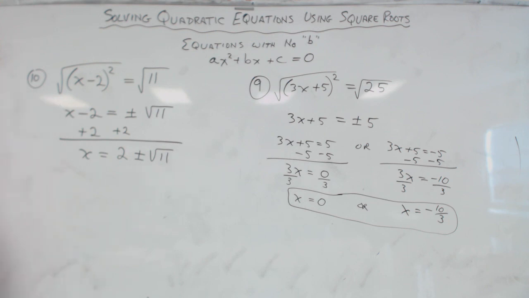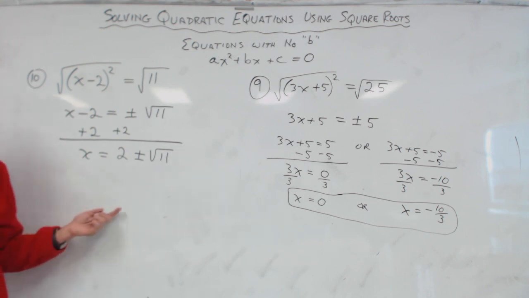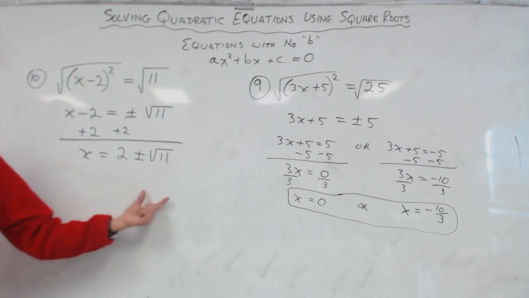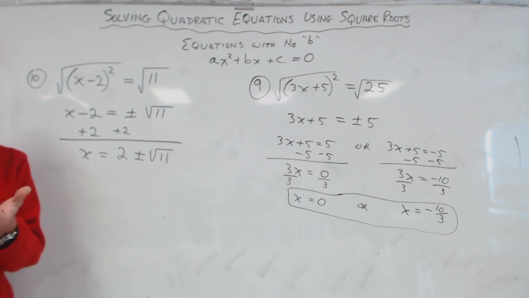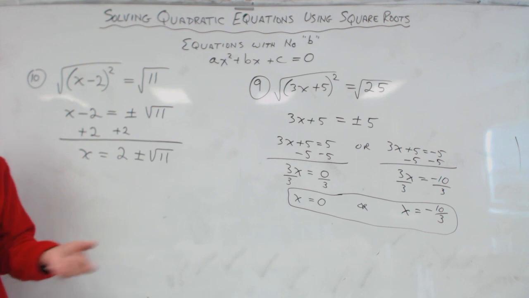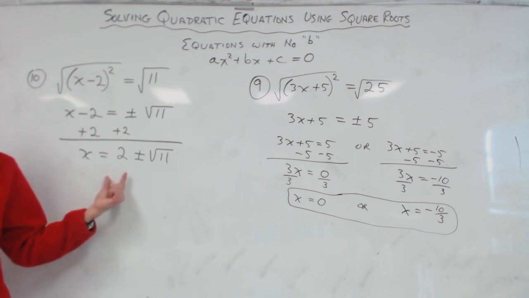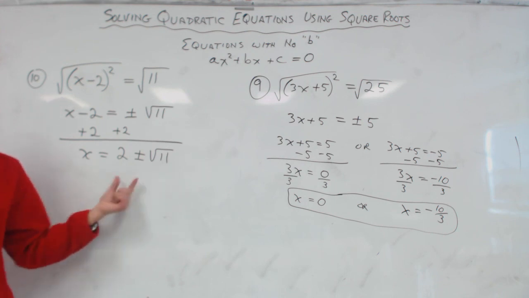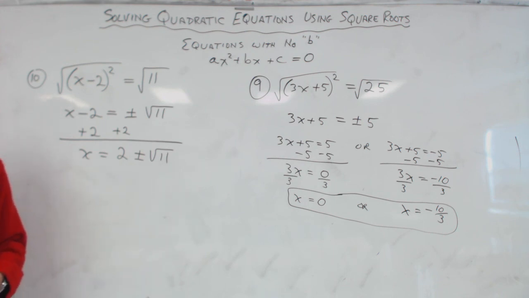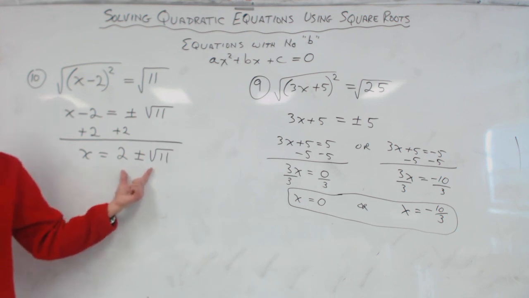I know that's a weird answer, but it is an acceptable answer. If I wanted to know what this approximately was, I'd get out my calculator, type the square root of 11, get a number, and add 2 to it. Then I'd do negative that number and add 2 to it. But this is the accurate answer.